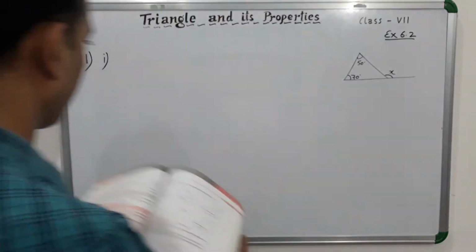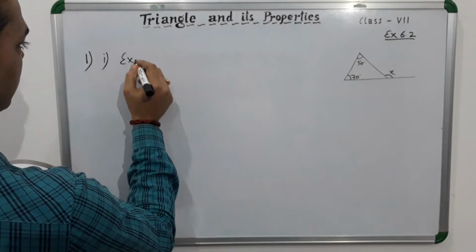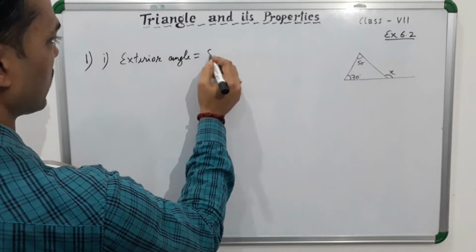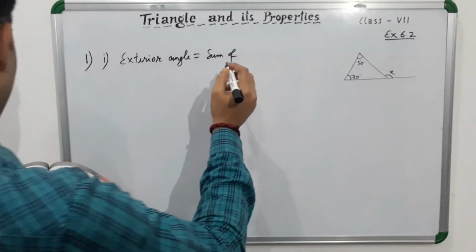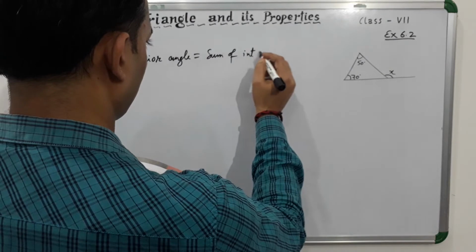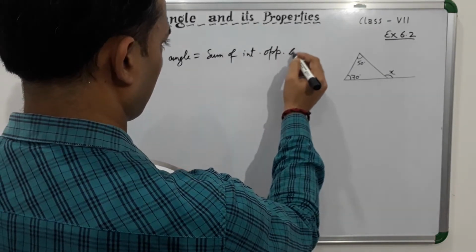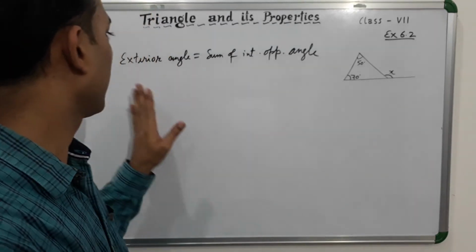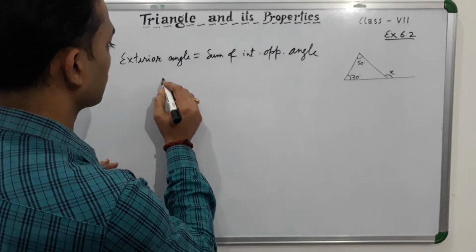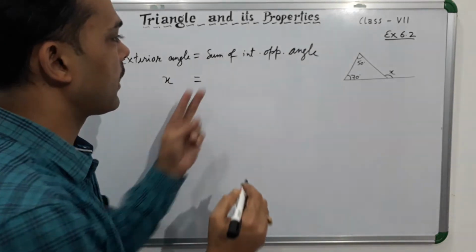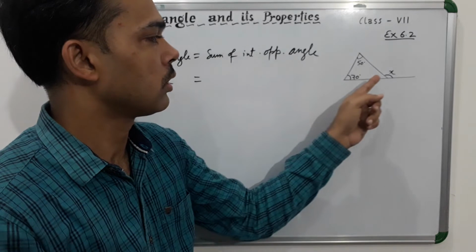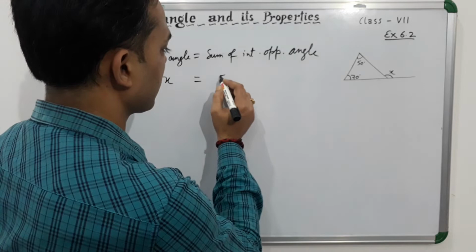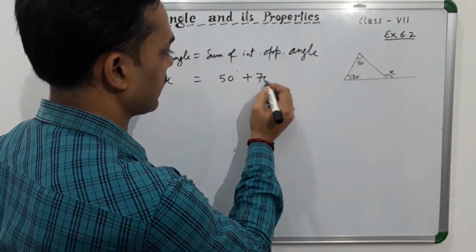You already know that exterior angle equals the sum of interior opposite angles. Here the exterior angle is x, and the interior opposite angles are 50 degree and 70 degree.